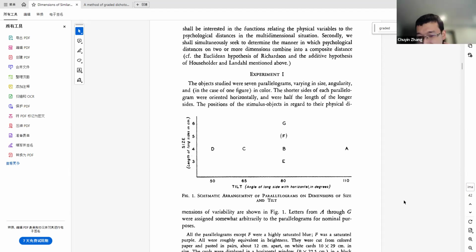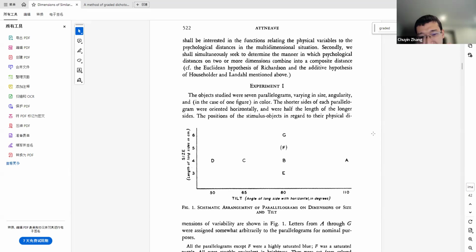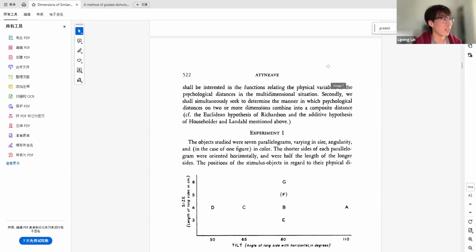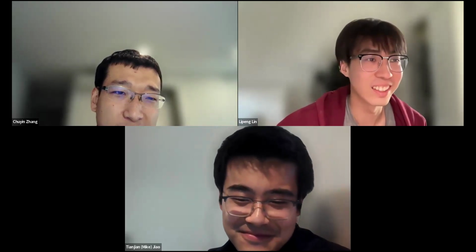It is quite an old paper, a classic maybe. It is good as a starting point to learn about dimensions of similarity, but maybe some methods are out of date. It's not a good starting paper because it's barely understandable.